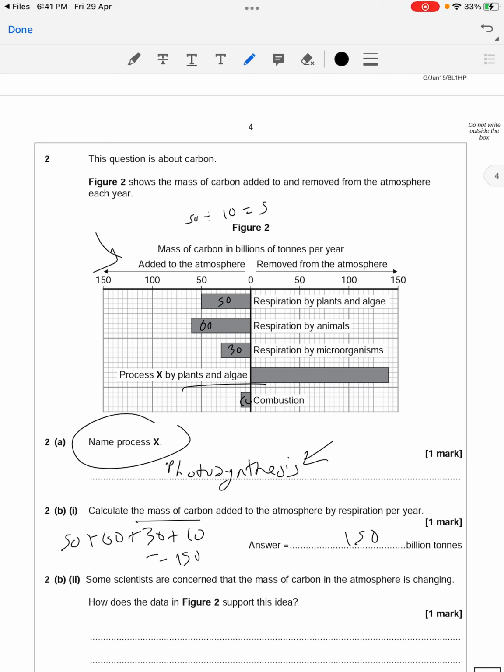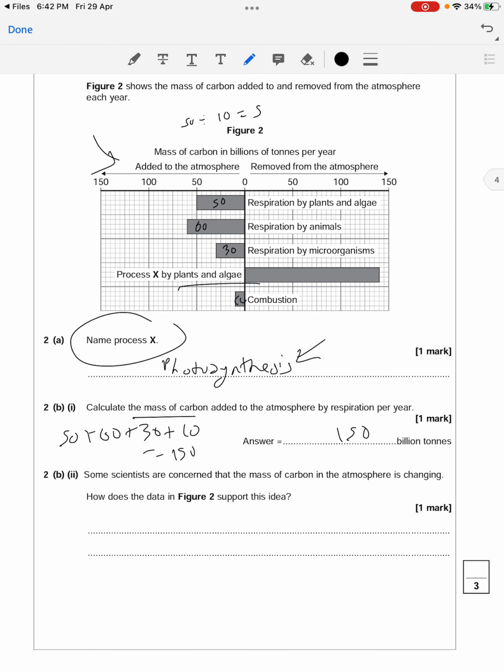That is pretty significant, 150 billion tons. Now, if there's a way to correct this, you guys can correct it. I mean, it doesn't matter. But by checking the marking scheme, I've seen they're showing about 140. I think it's 150.